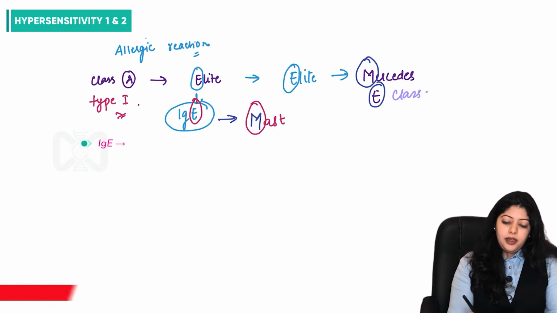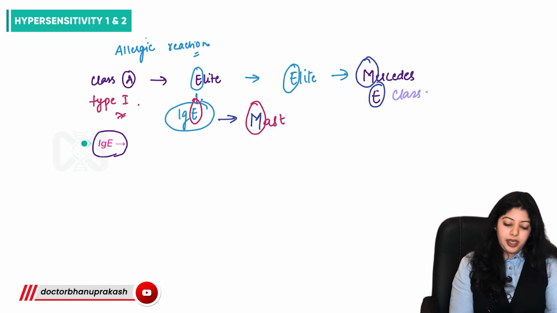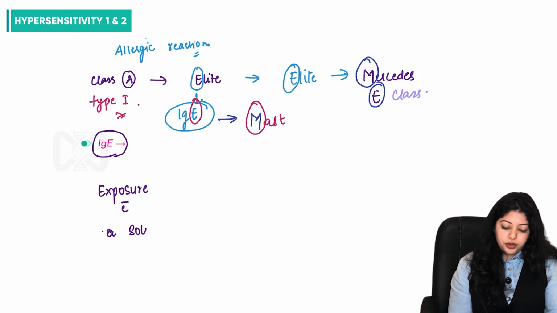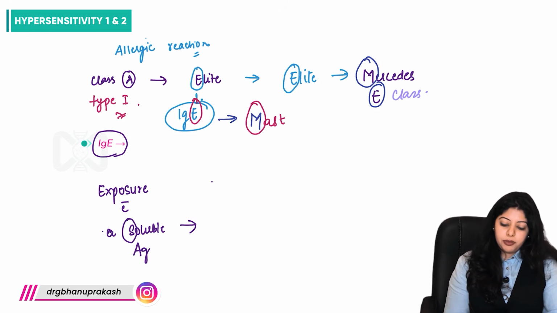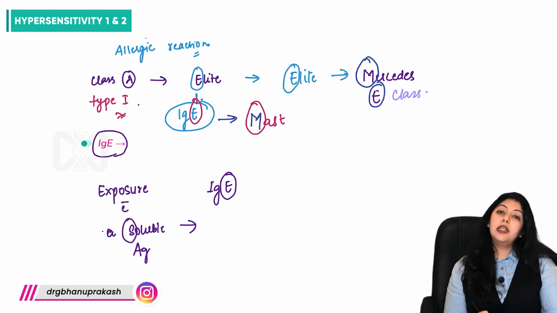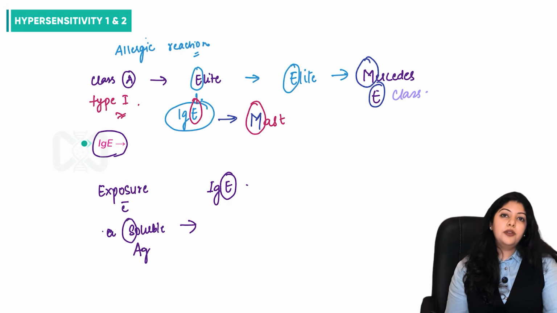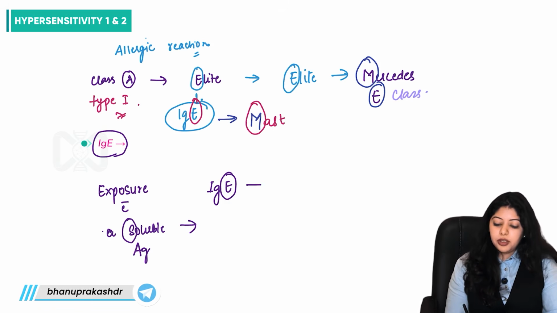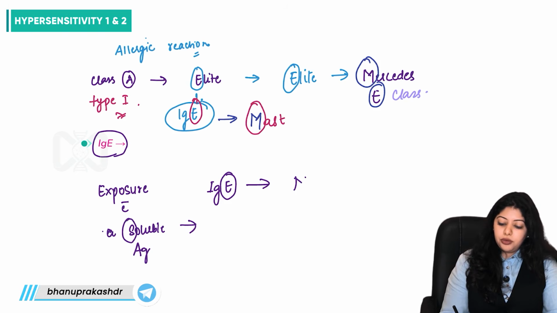Whenever there is exposure to a soluble antigen, remember there is going to be the role of IgE immunoglobulin. It is an allergen and the person is already sensitive to that particular allergen, so IgE comes into play and leads to mast cell degranulation.